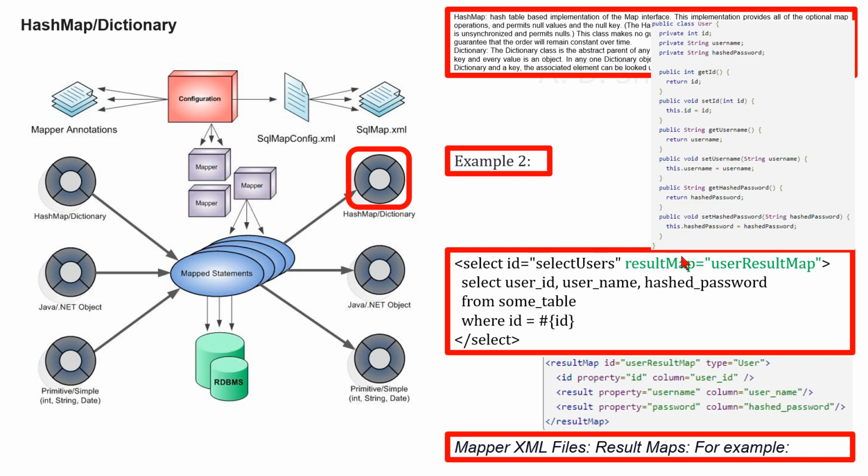Based on the Java bean specification, the above class has three properties: ID, username, and hashed password. These match up exactly with the column names in the select statement. Such a Java bean could be mapped to a result set just as easily as a HashMap.